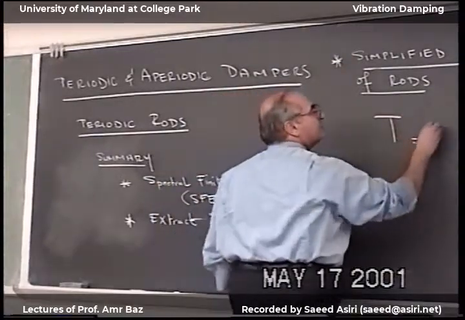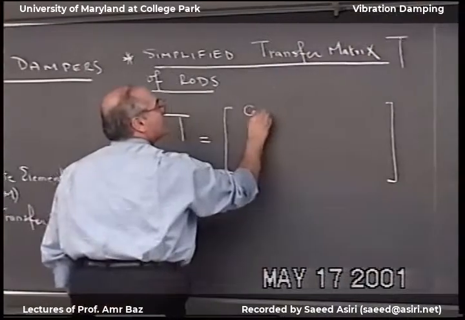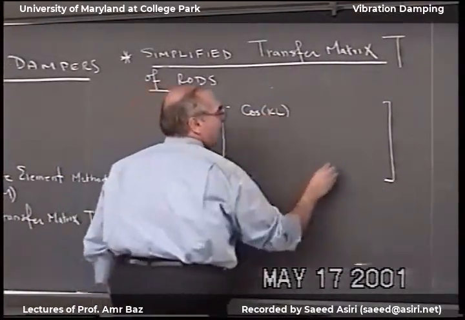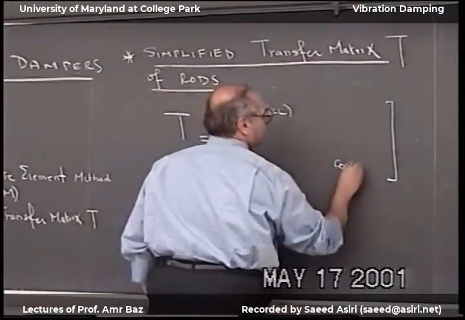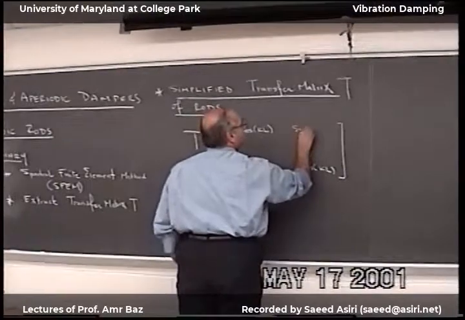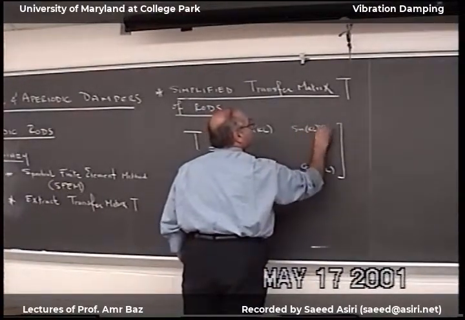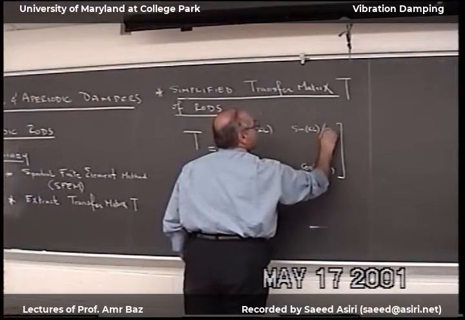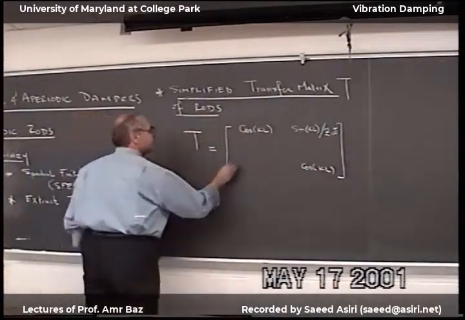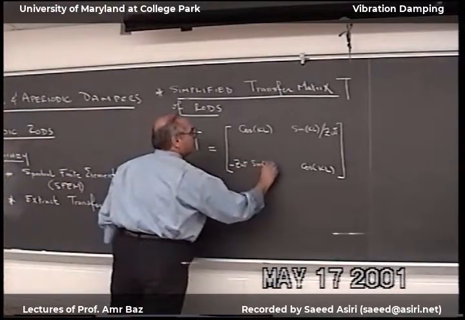T, we found it to be equal to cosine KL, cosine KL, sine KL divided by Z omega, and then minus Z omega sine KL.